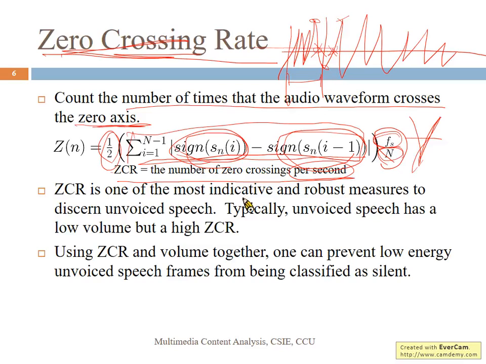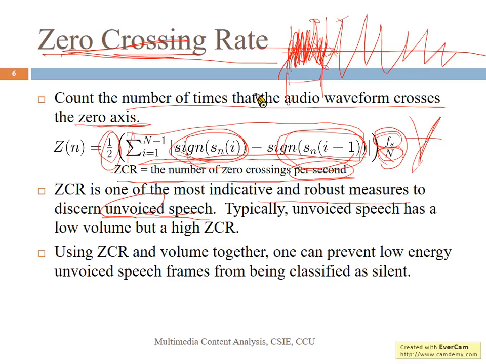The zero crossing rate is one of the most indicative and robust measures to discern unvoiced speech. You can see that when there are many zero crossings, it's probably that this part of the audio signal has higher frequency. In unvoiced speech like this, the waveform looks like this. There are many zero crossings.